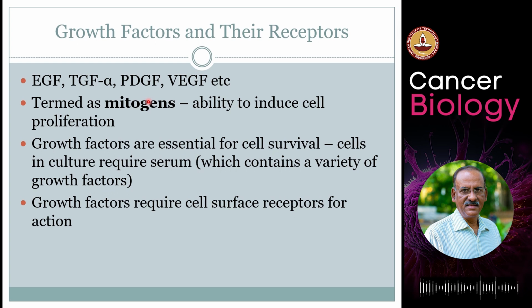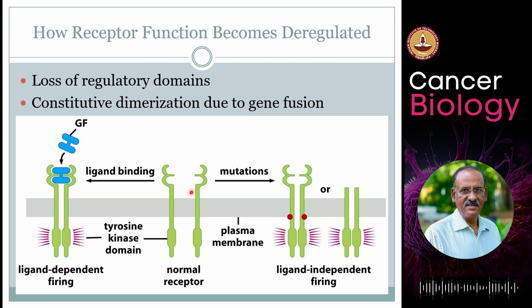The purpose of adding serum is that the serum contains a variety of growth factors. So these growth factors, the examples given, are those that bind to receptor tyrosine kinases, which are usually present on the cell surface. Now, how does the receptor function become deregulated? That is the question.